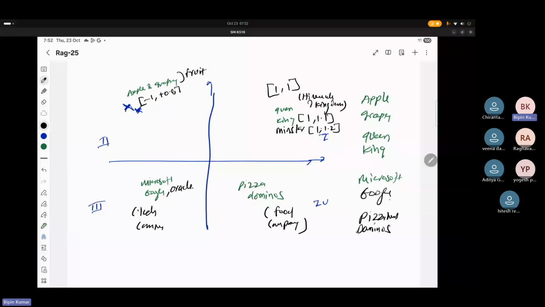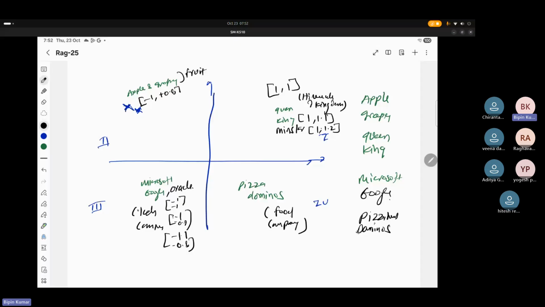Similarly Microsoft, let's say, is -1 comma -1, Google will be -1 comma -0.7, and similarly Oracle will be -1.1 comma -0.8. I'm just giving examples. Okay. Similarly, pizza, Domino's.